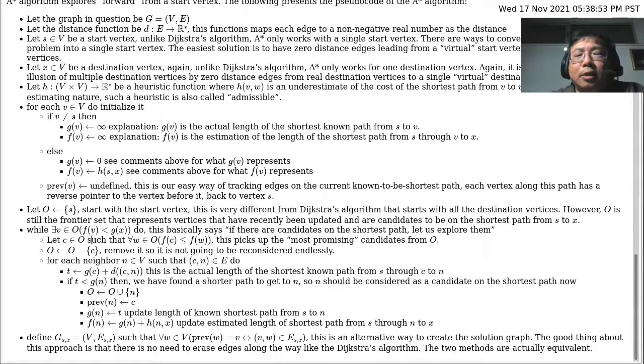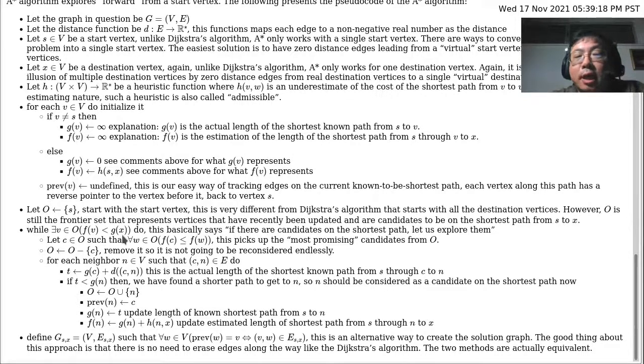So what does it mean if this is not true? Okay, if uppercase O is not empty, but for all the vertices in uppercase O, f of v is greater than or equal to g of x. What does that mean? Remember, f of v is basically g of v plus h of v x, right?